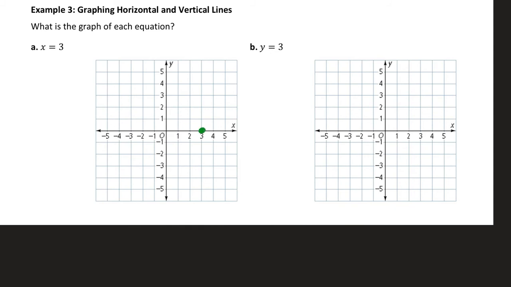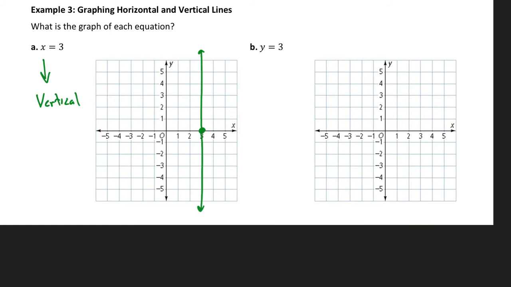This graph has no y-intercept, which means it has to be parallel to the y-axis, which means this is a vertical line. So whenever you see an x equals a constant equation, that means it's a vertical line at that constant, crossing the x-axis.